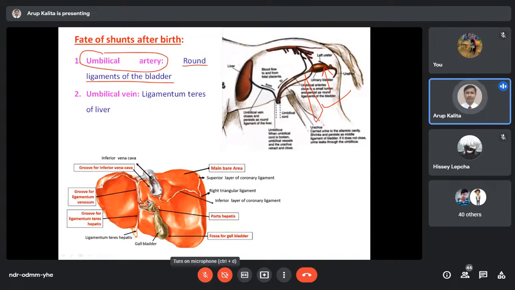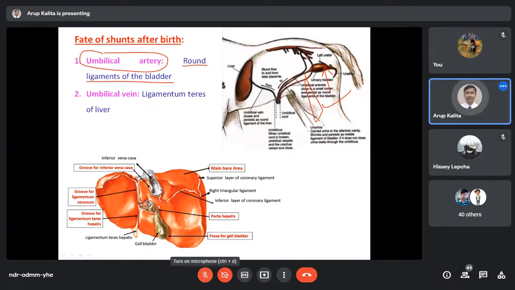Ligament, definition already I told you. Mesentery, ligament, mesocolon. Can you remember this definition? That is okay. So the hole will be obliterated, and it will become the round ligament of the urinary bladder. Sometimes it may come: what will happen to the umbilical artery after birth? Then you have to write round ligament of the urinary bladder.